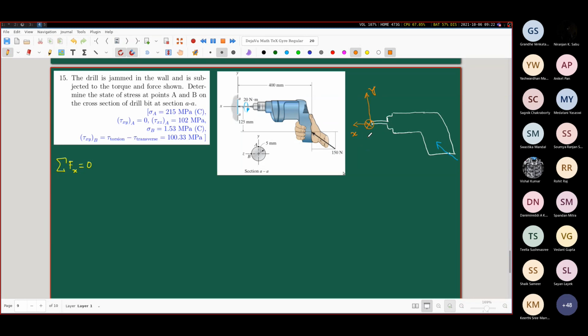Now, with this picture in mind, you tell me what are the forces here. So I will have one vertical force here, which is Vy. I will have one horizontal force here, which is, let's say, Nx.